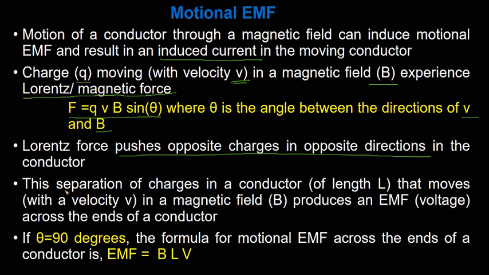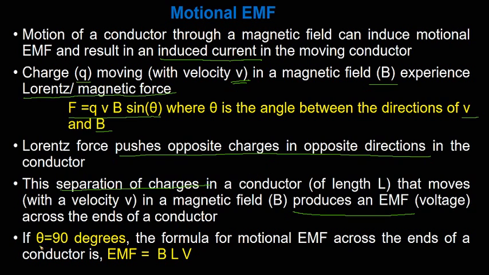And so when this charge separation occurs inside a conductor, essentially we say that a voltage is produced in the conductor. That's how the EMF gets induced, because of a Lorentz force acting on opposite charges inside a neutral conductor. This all happens because the conductor is moving in a magnetic field.